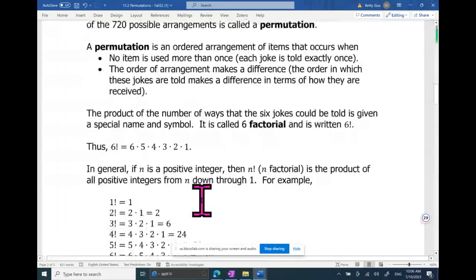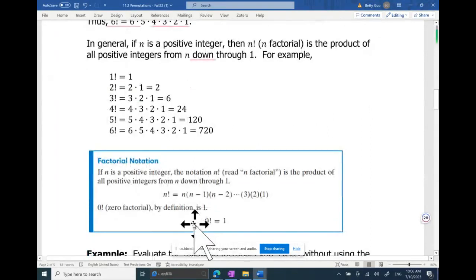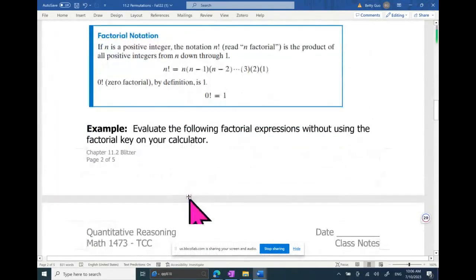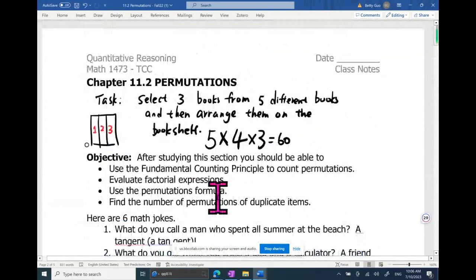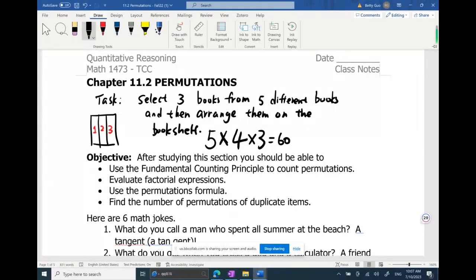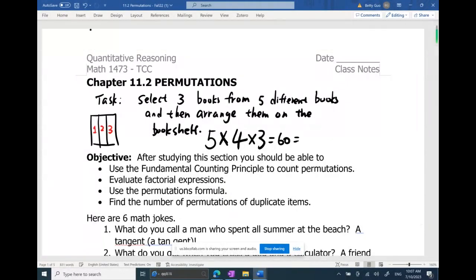If we have in total 5 items, like we have 5 books, and we select 3 from the 5 and then make an ordered arrangement on the bookshelf, that is a permutation. The result can actually be represented by using the permutation. What is it?